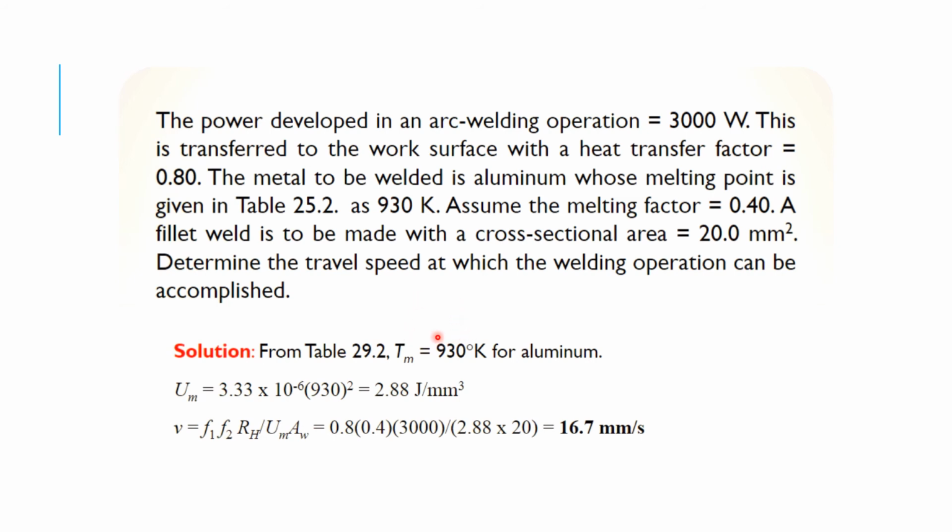Now when you substitute the values into the equation, f1, f2, and RH, and divide by Um and Aw, you will get the velocity equal to 16.7 mm per second.